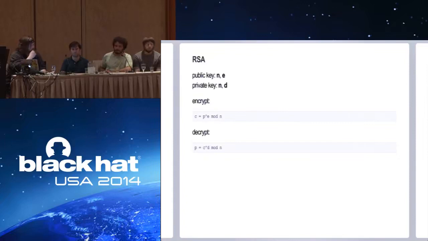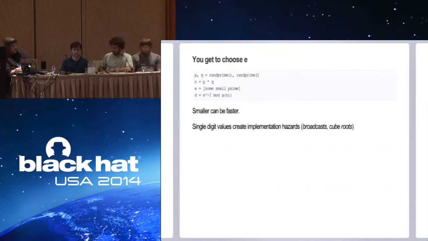The private key is that same modulus n and a private integer d. It's super simple for encryption and decryption. Encryption is just the plaintext to the public e value, mod n. For decryption, we do the ciphertext to the secret d value, mod n.